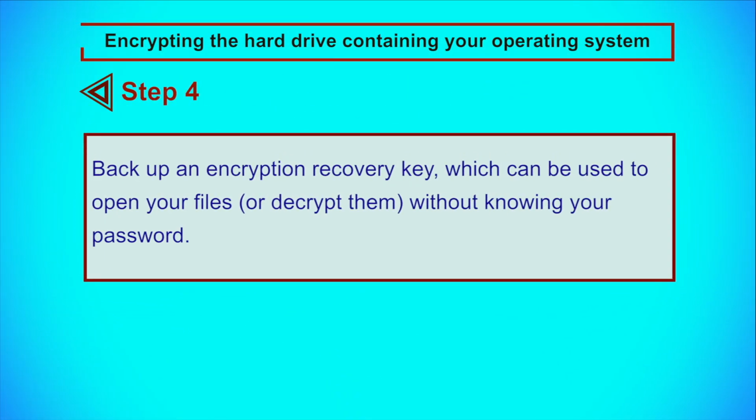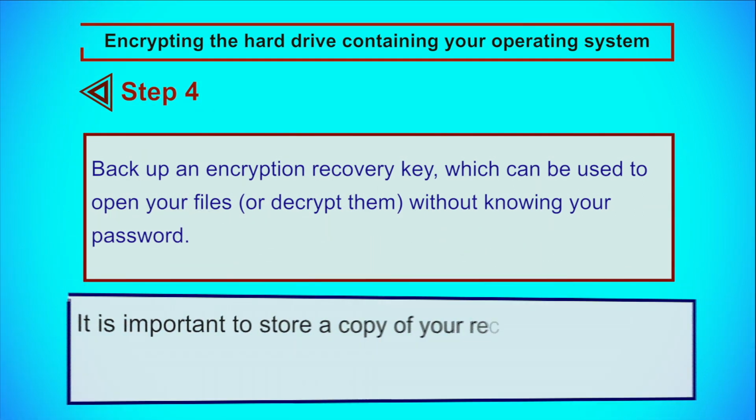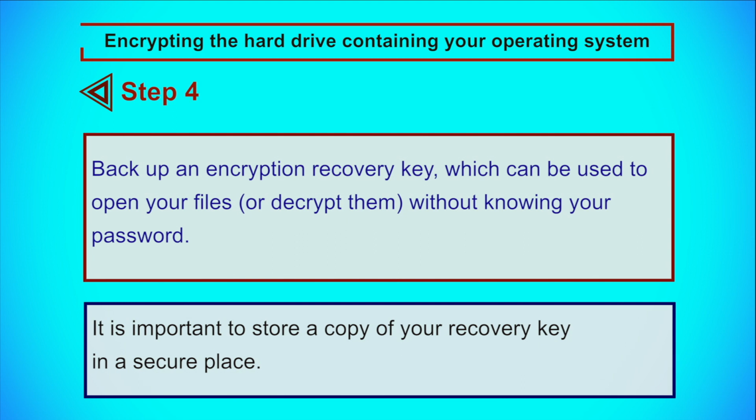Step 4. In this step, you can back up an encryption recovery key which can be used to open your files or decrypt them without knowing your password. It is important to store a copy of your recovery key in a secure place. You may wish to use more than one of the methods available to you.